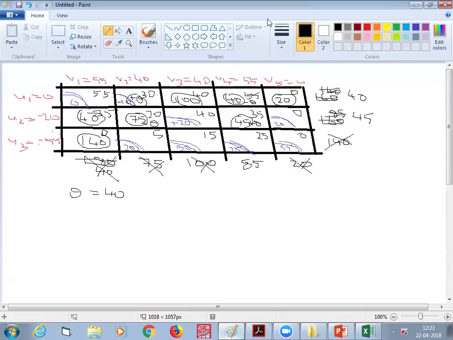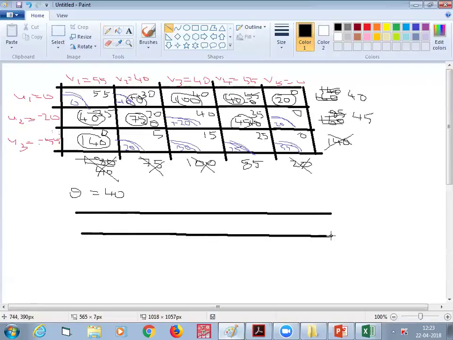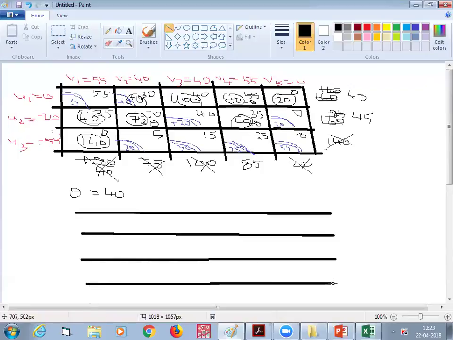So again I have to create this table here. I think it's a bit smaller, but anyhow. These are 2 zeros.